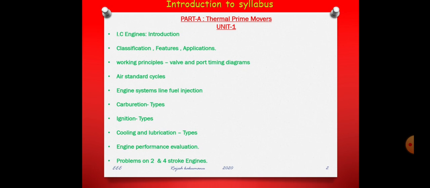If you see the introductory part in part A, you have the thermal prime movers. In this unit we discuss what is the meaning of an engine, right? If you see any small motor assemblies at your home, those are run by electric current. If you see mobile equipment or vehicles, how is the motor running?